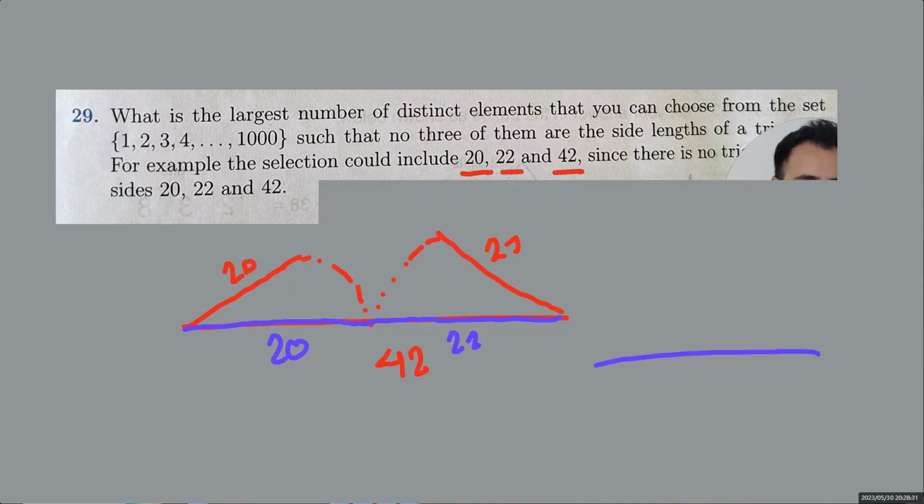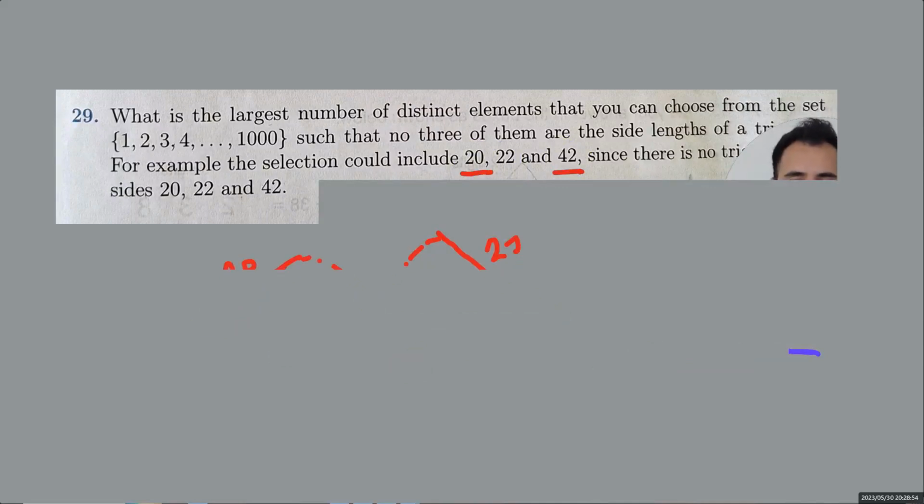Not with integers, but it would be a triangle like this, slightly up. So that means the sum of the 2 smaller numbers should be more than the largest one. Okay, so now let's go and make a list. This question is kind of easy, not very difficult. Let's make a list.